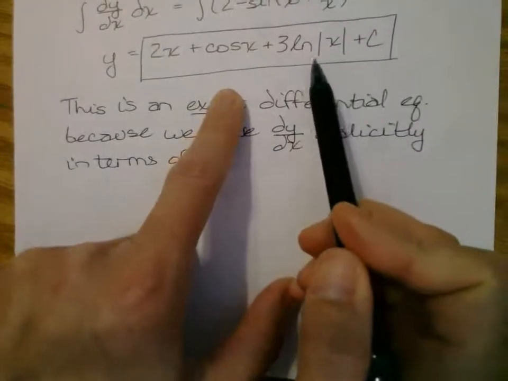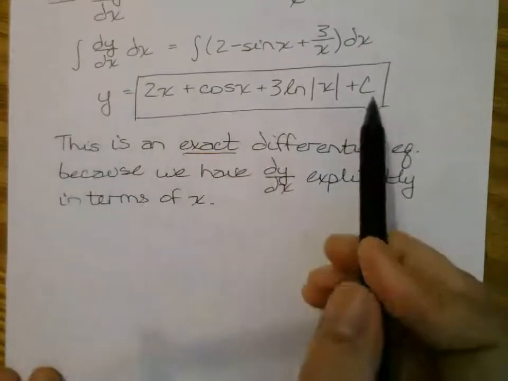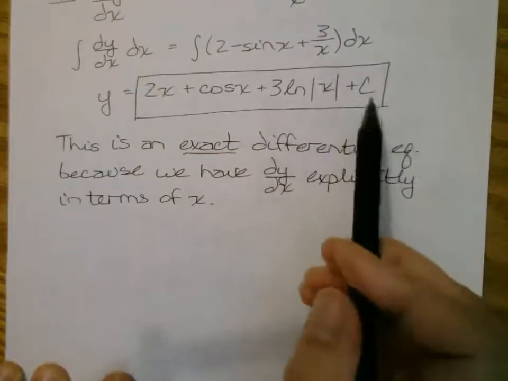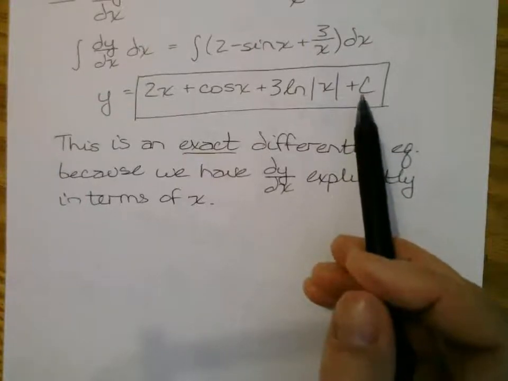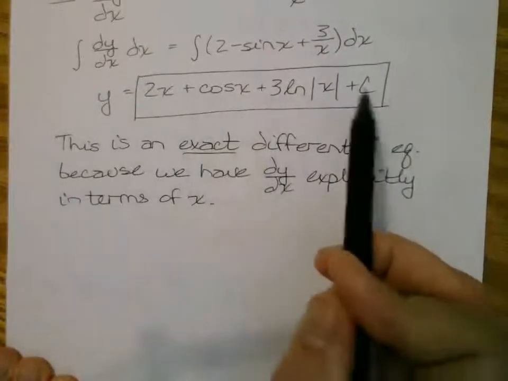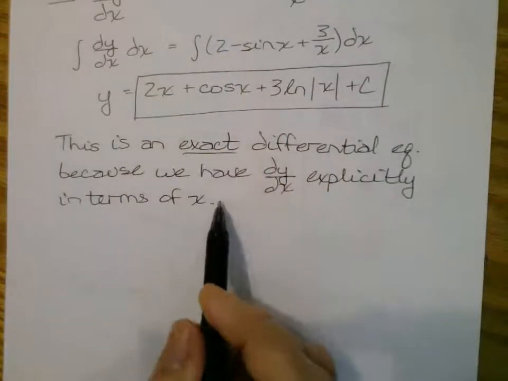So I get this family of functions from this exact differential equation with the plus c on the end there, and we know that constant can be anything, because if I take the derivative of this, no matter what the constant is, I'm going to get dy dx that I started with.